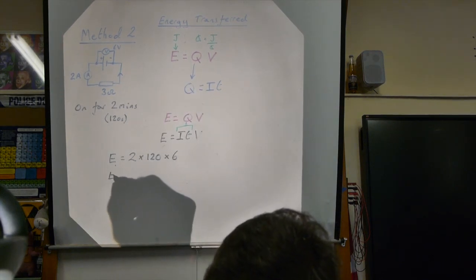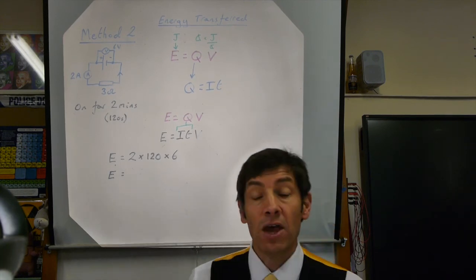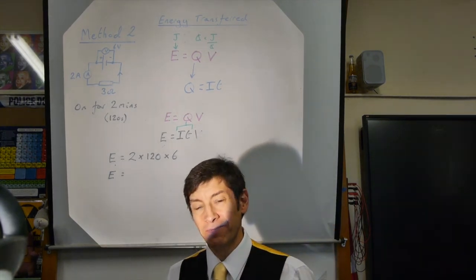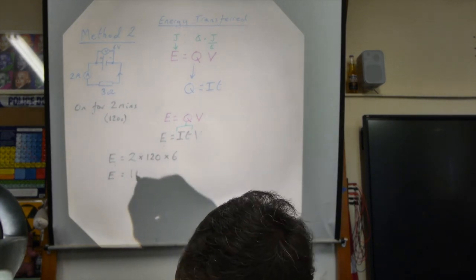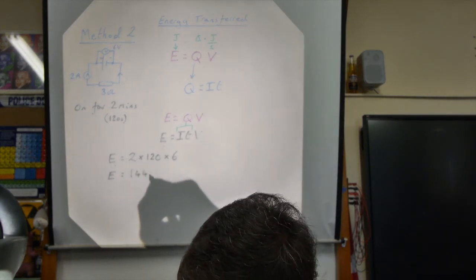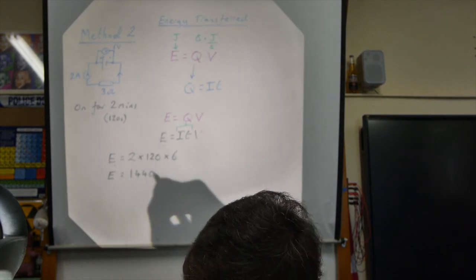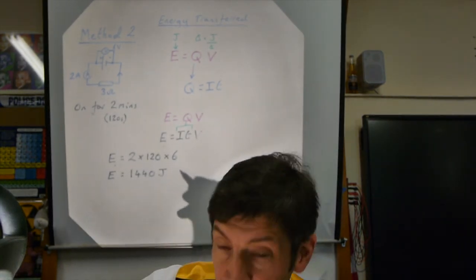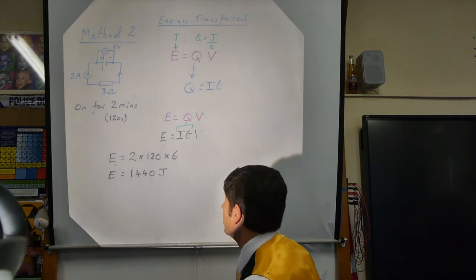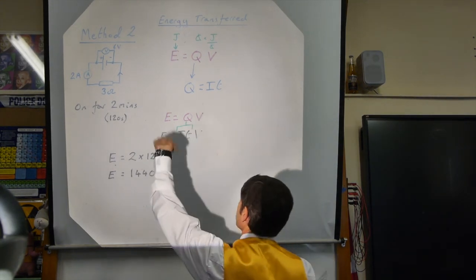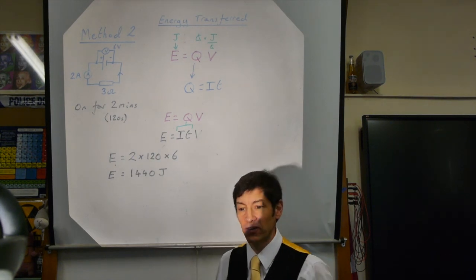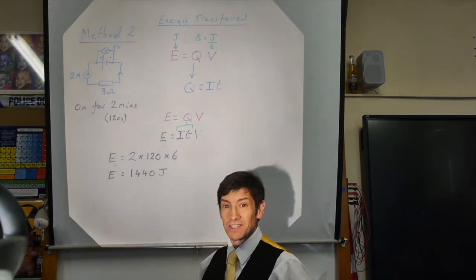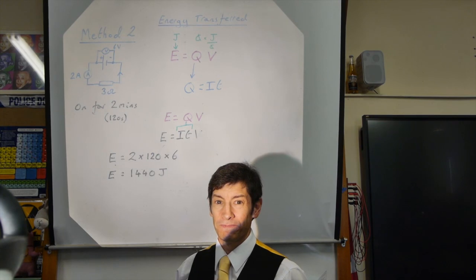And if you bash that out on your calculator or do it in your head, you won't be surprised that you get the same answer as we did in the previous bit, 1,440 joules of energy transferred by the battery at this time. So it's a bit of a circular argument, but there are 2 formulas for calculating the total energy transferred, and this is the second one.